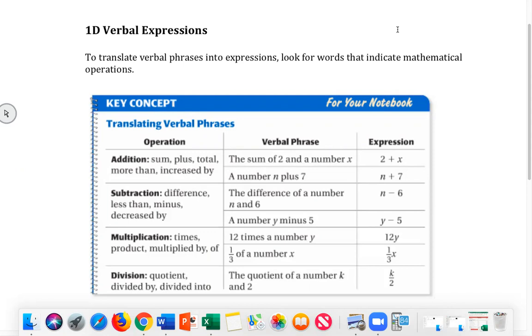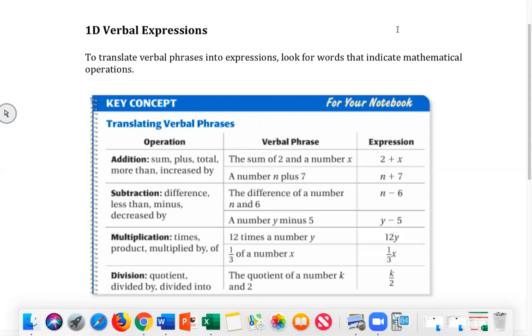Okay. For multiplication, we got times, product, multiplied by, and of. Anybody think of other ones that mean to multiply? Yeah, again, I'm with you. Not really thinking of anything else. What about division?